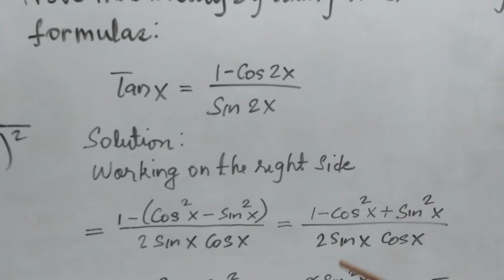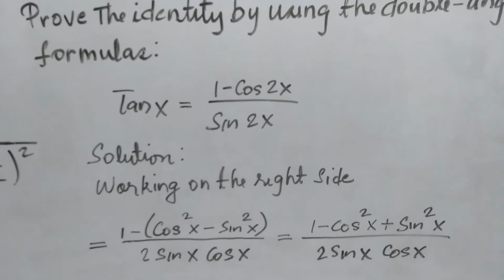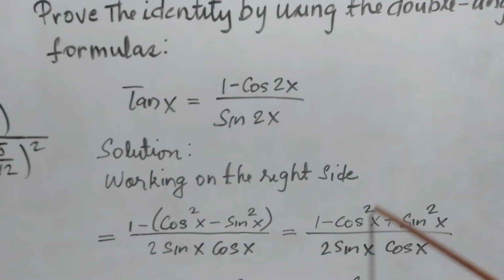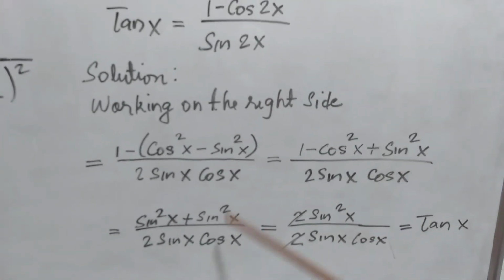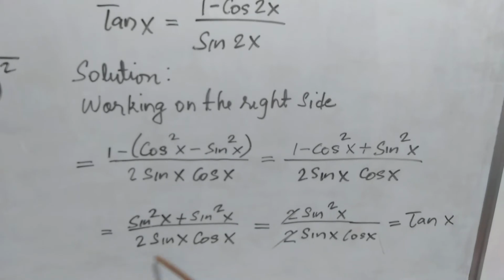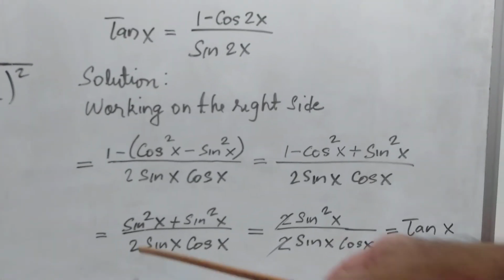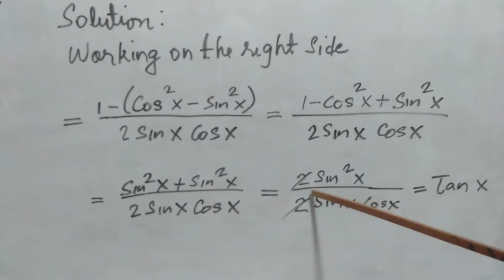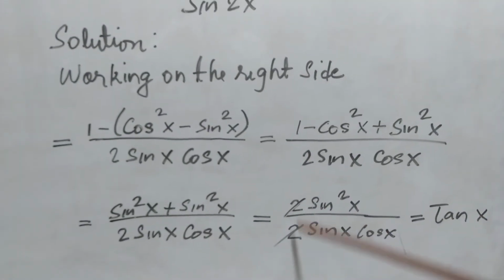To simplify further, the denominator is 2 sine x cosine x, so just copy. 1 minus cosine squared x is equal to sine squared x. And then you just copy sine squared x, and also copy the denominator 2 sine x cosine x. Sine squared x plus sine squared x is equal to 2 sine squared x over 2 sine x cosine x.